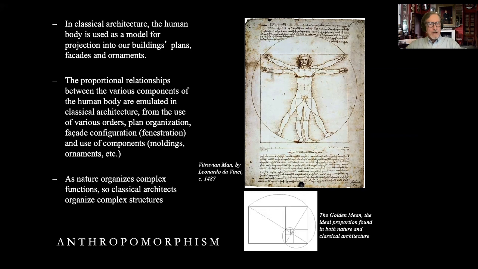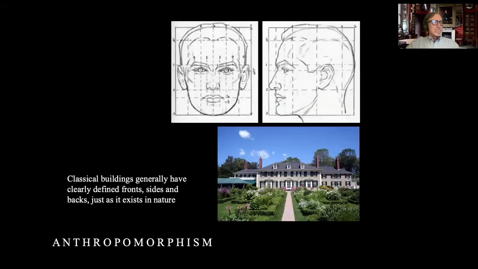As nature organizes complex functions, so classical architects organize complex structures. And we'll see a lot more about this and learn a lot more about this as we go on with the lecture tonight and next week. Classical buildings generally have clearly defined fronts, sides, and backs, just as exist in nature.